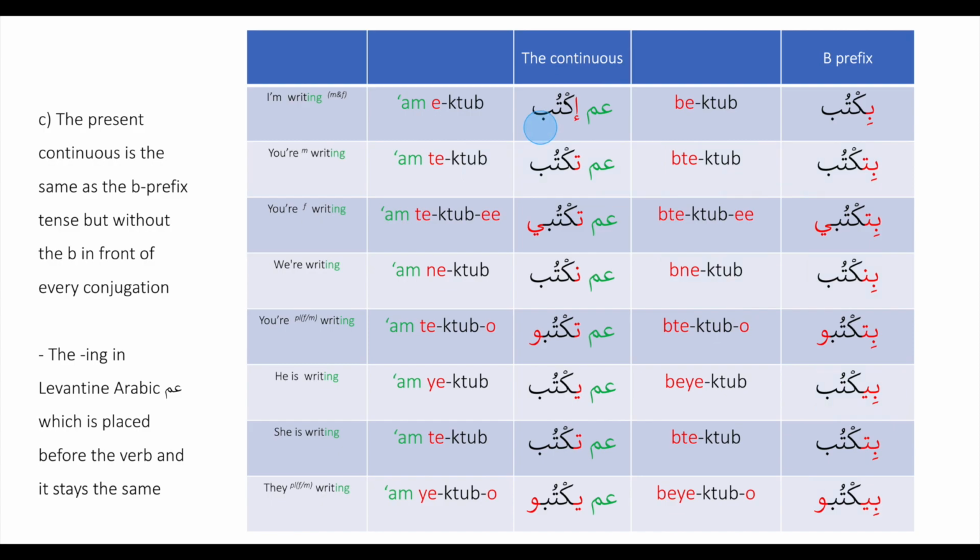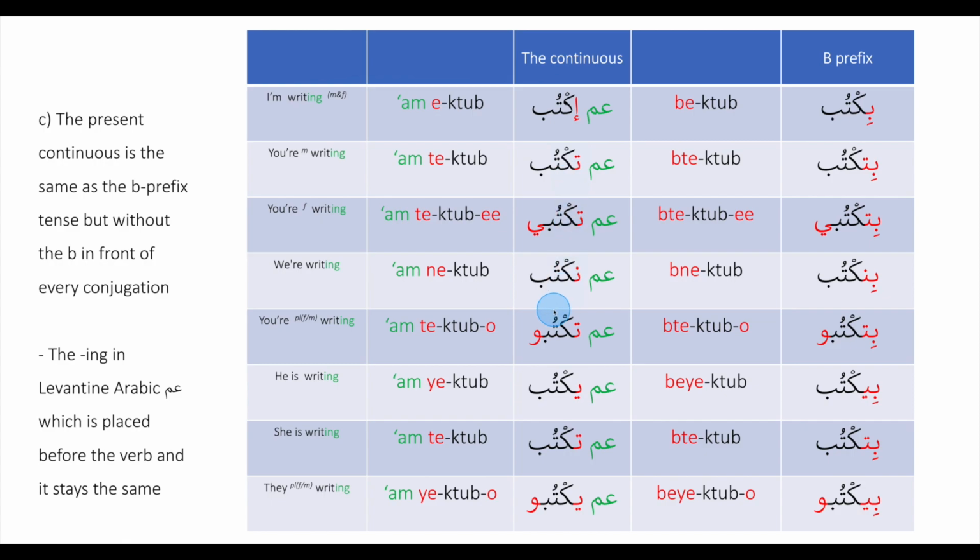A unique prefix for the present continuous is called am, which is here highlighted in green. Am. And it is the equivalent of ing in English. In English, we add the ing to the end of the verb. However, in Arabic, it works as a prefix, and we add it before the verb. Am plus your normal conjugation.